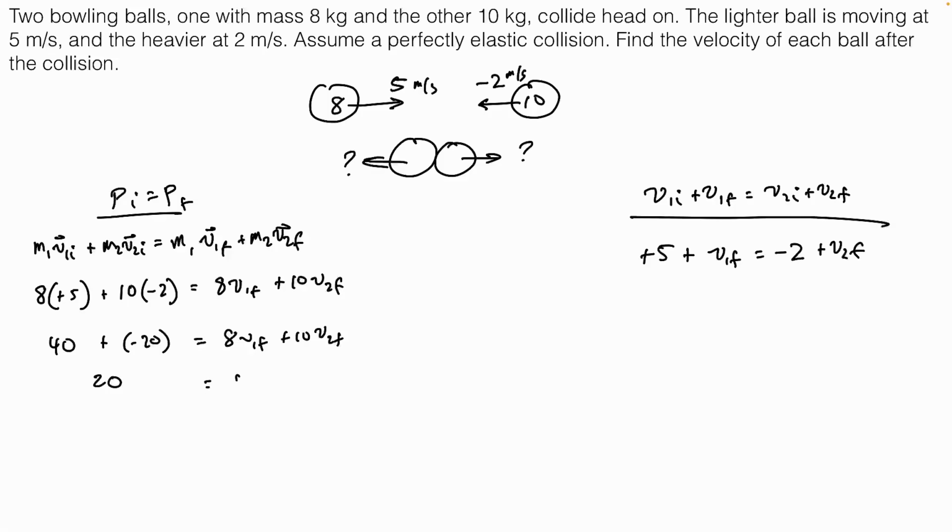And then there's 8 and 10 over here. I'm going to get a little bit sloppy because I'm going to divide both sides by 2. So that becomes a 10, that becomes a 4, and that becomes a 5, doesn't it? So I've got 10 equals 4 V1 final plus 5 V2 final. I'm just cleaning up a little bit, trying to get as low as I can go.